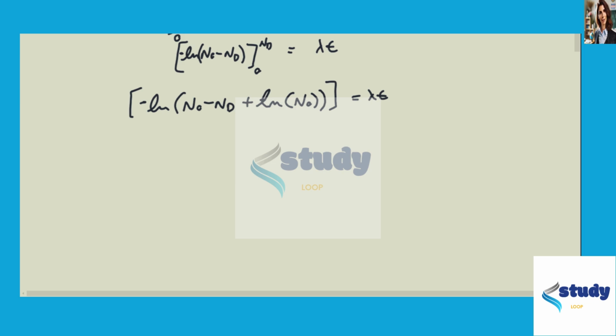And here we're going to switcheroo it, so it's going to be easier on us. Initial minus initial.